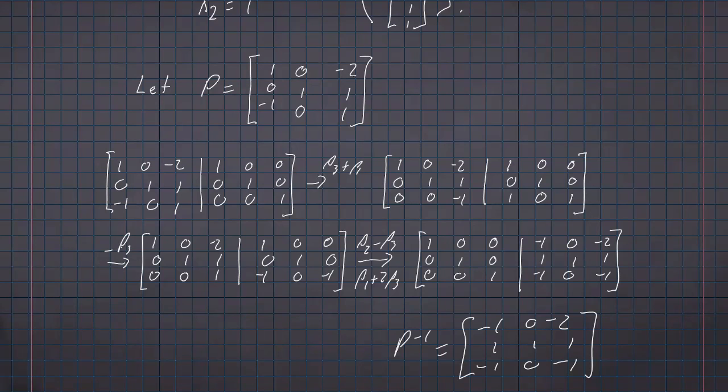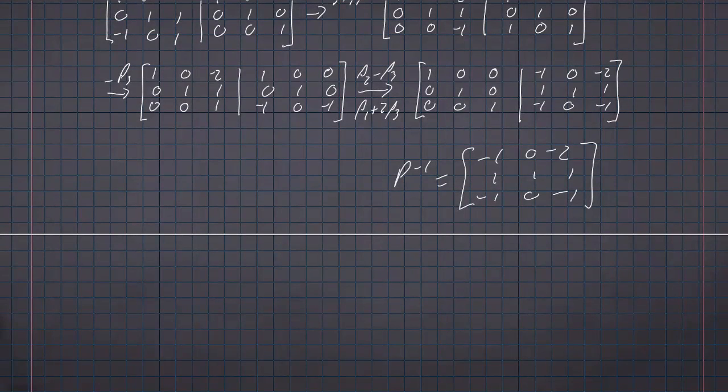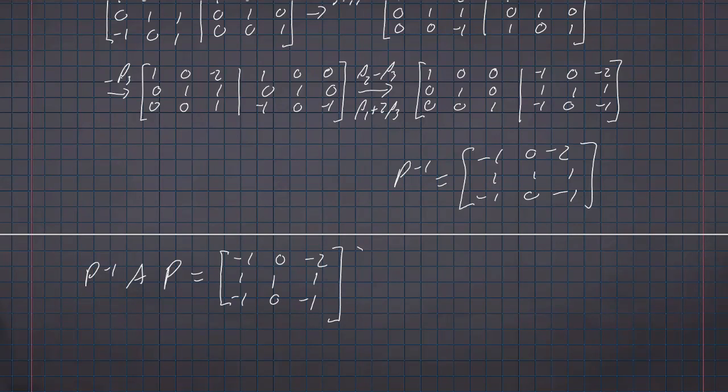And now that we have matrix P, we have matrix P inverse. The theorem tells us that if we multiply P inverse times A times P, which in this case means negative 1, 0, negative 2, 1, 1, 1, negative 1, 0, negative 1 times 0, 0, negative 2, 1, 2, 1, 1, 0, 3 times this one, which I don't have in front of me, but it's right here on the screen.